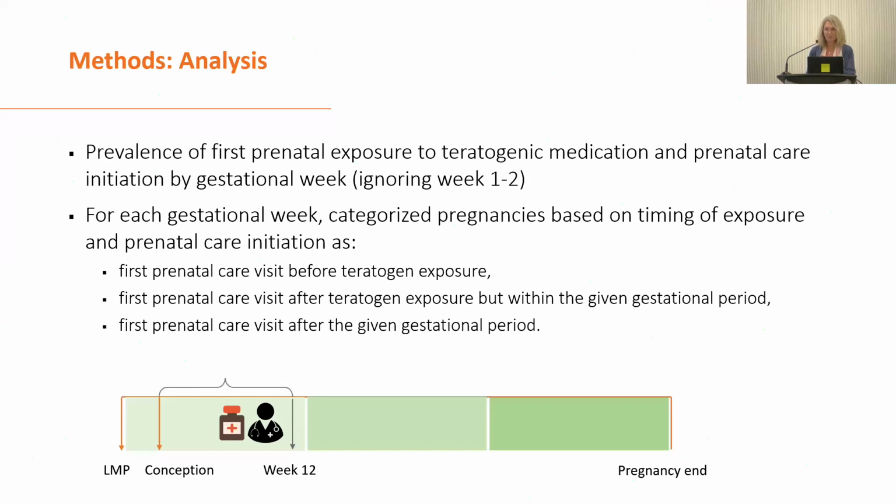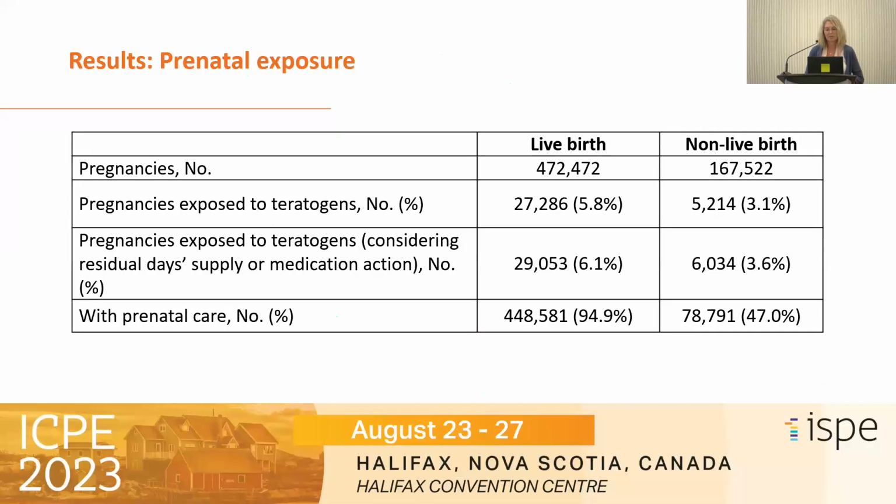So basically this would give us all the pregnancies that were exposed within the first 12 weeks of gestation and where the exposure to a teratogen was before the prenatal care initiation. And then the last category was where the prenatal care initiation trailed that particular week entirely. So that would be the scenario where the discovery that women might have been exposed to a teratogenic drug basically comes after the specific abortion cutoff that we are interested in.